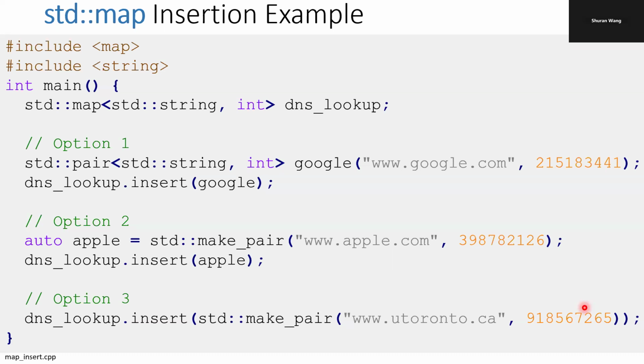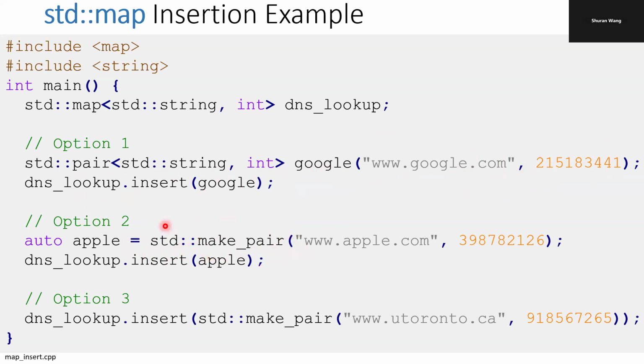So storing into this binary search tree is like this. We make a pair using the pair constructor. The first element is a string, that's the domain name. And the second element is the IP address. We can insert that pair. Or option 2, we can use the STL library's make_pair function.